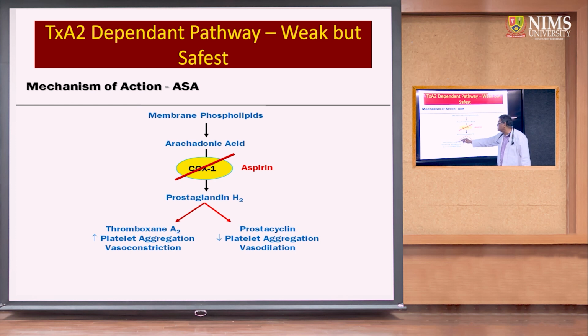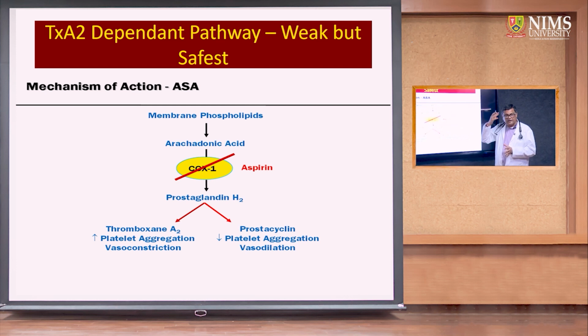So this is the thromboxane A2 pathway or COX-1 pathway. To prevent the formation of thromboxane A2, which happens whenever this arterial thrombosis mechanism is activated, you can add aspirin. It is a COX-1 inhibitor, and it will block this, so less thromboxane A2 will form, and therefore less platelet activation. So this is how aspirin works.